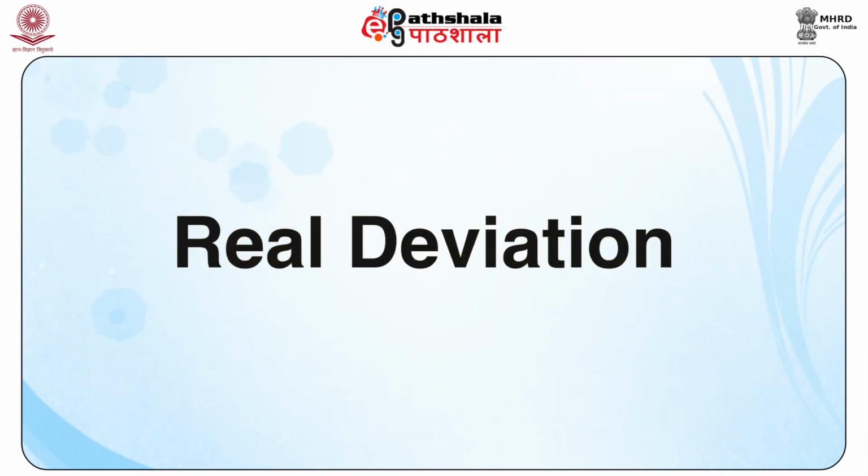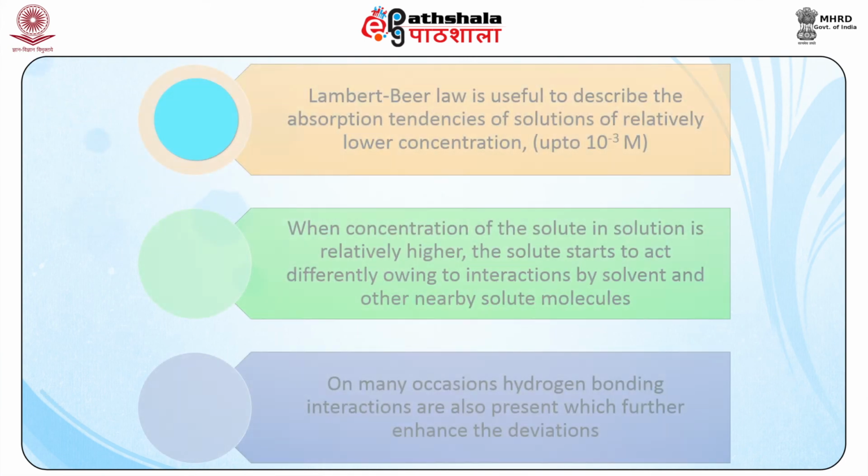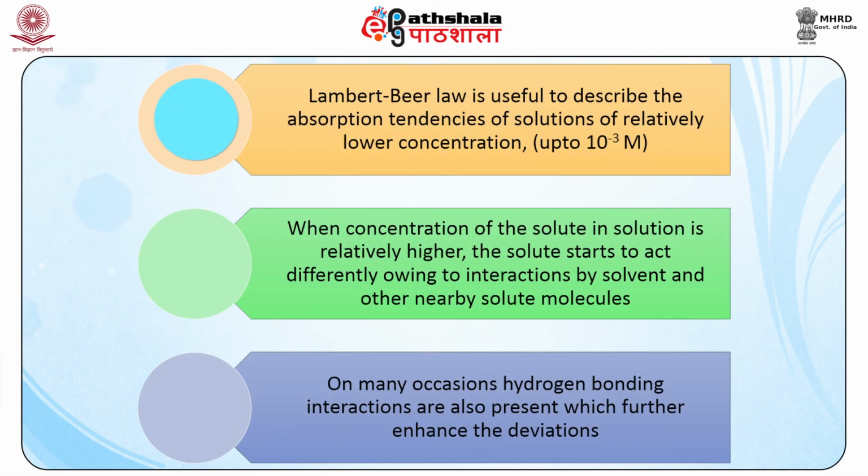First of all, we will take real deviation. Lambert-Beer law is useful to describe the absorption tendencies of the solutions of relatively lower concentrations, specifically up to 10 raised to the power minus 3 molar. When the concentration of the solute in solution is relatively higher, the solute starts to act differently owing to interactions with the solvent and other nearby solute molecules.